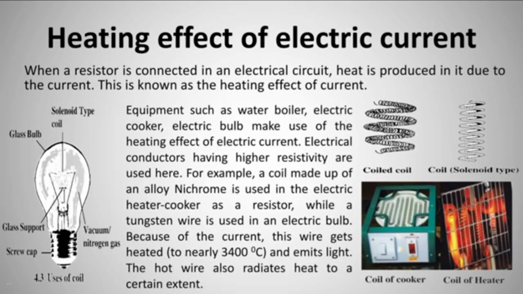The current that flows through the wire heats the wire up to nearly 3400 degrees Celsius and it emits light. The hot wire also radiates heat to a certain extent.